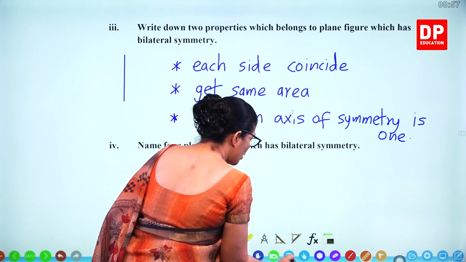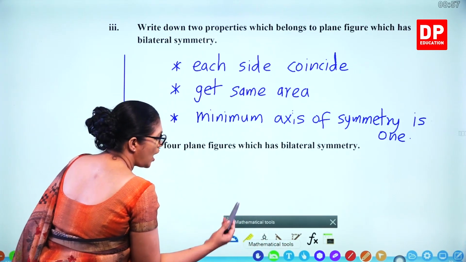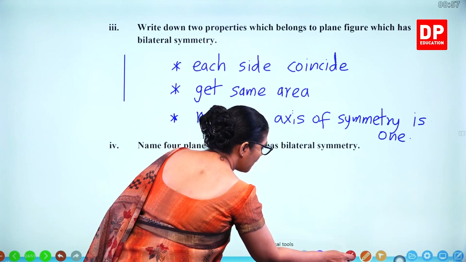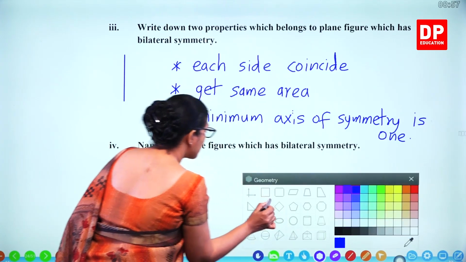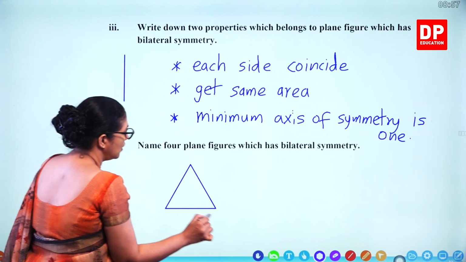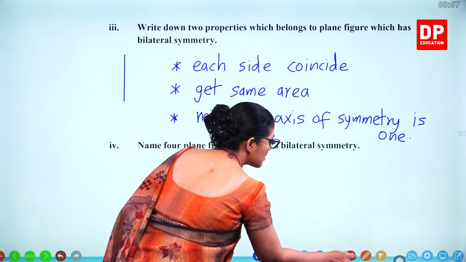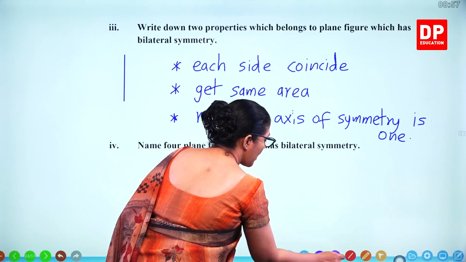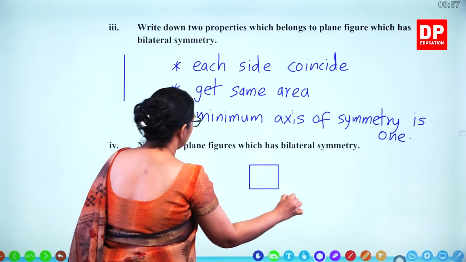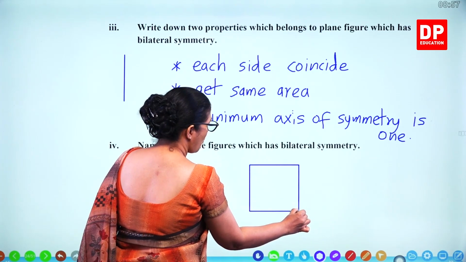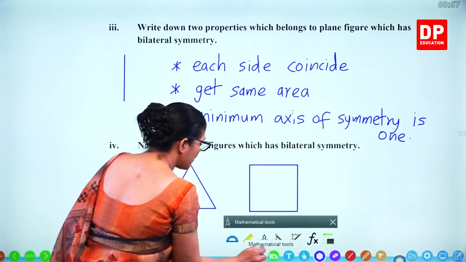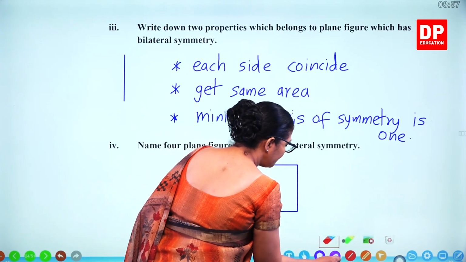What are the shapes that you know? Isosceles triangle, equilateral triangle, whatever the triangle. So we'll take shapes. Isosceles is there. Then I can draw a square or a rectangle.